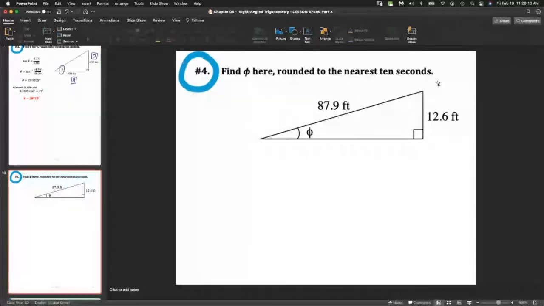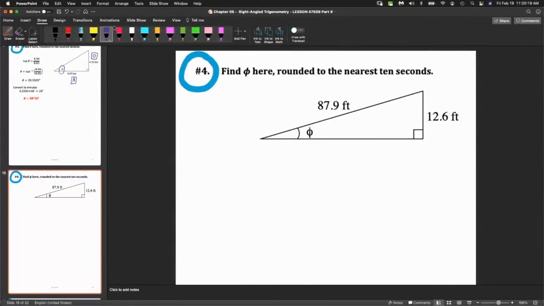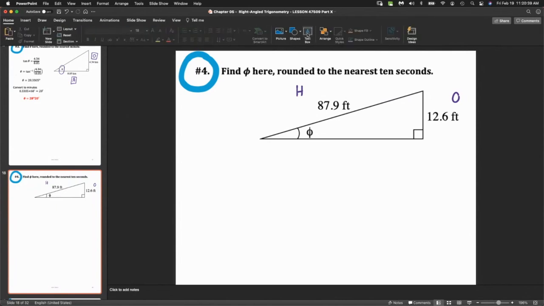Okay, here we have another one, and it's another question involving fractions of an angle with minutes and or seconds. So here we have opposite, and here we have hypotenuse. So which ratio should we use?